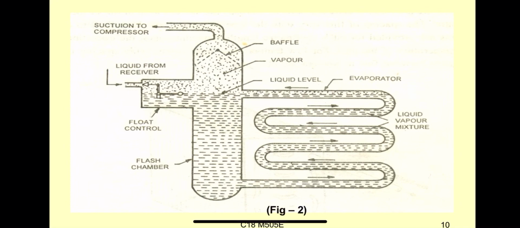In the flooded type evaporator, the liquid receiver receives the liquid refrigerant from the condenser, and then it is sent to the evaporator through the flash chamber.